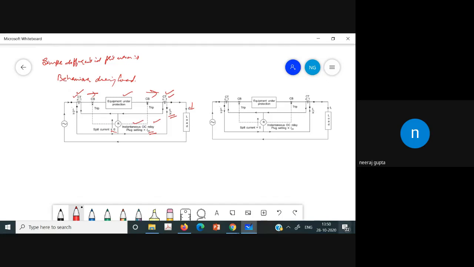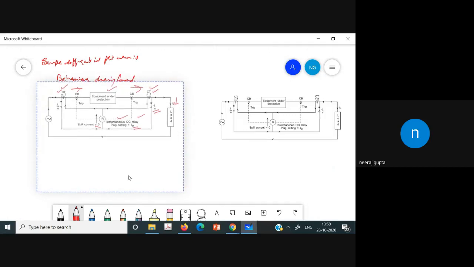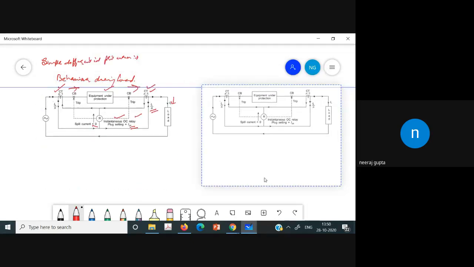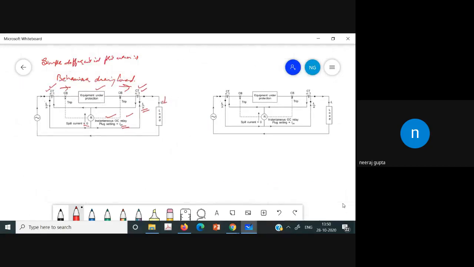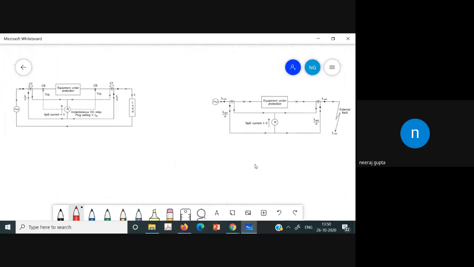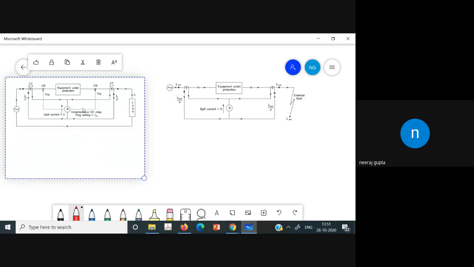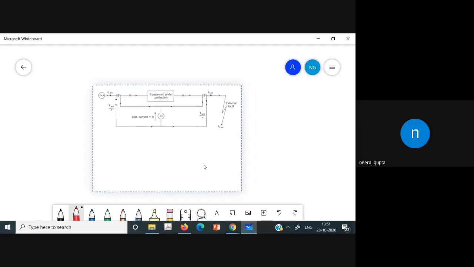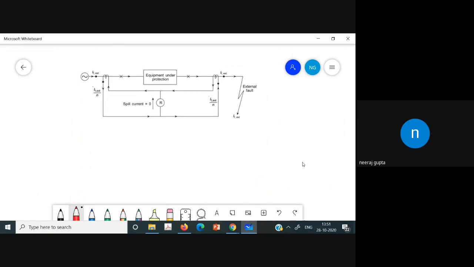We will discuss the behavior during the external fault conditions.